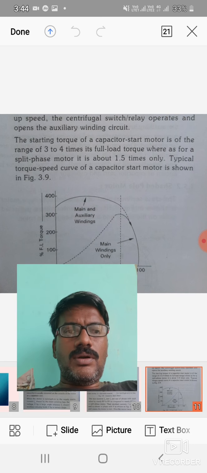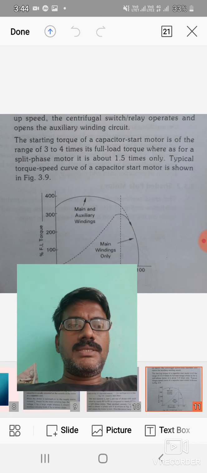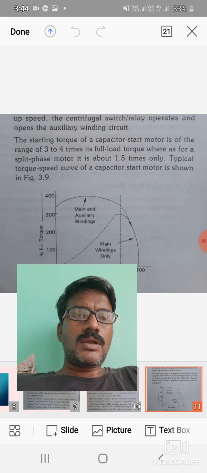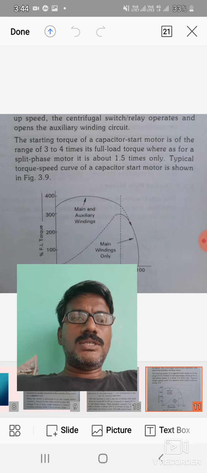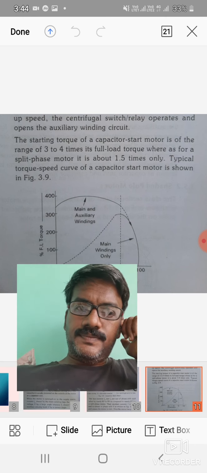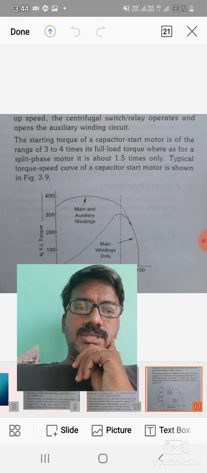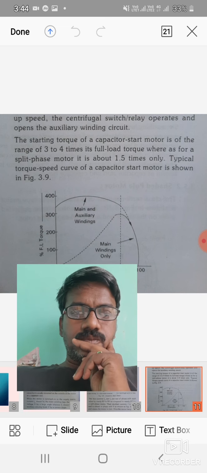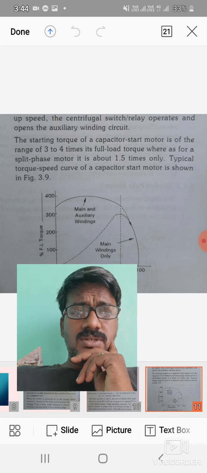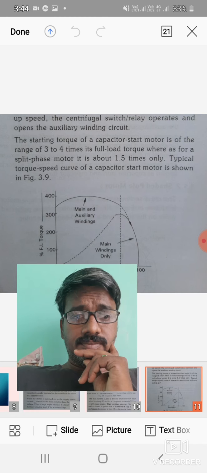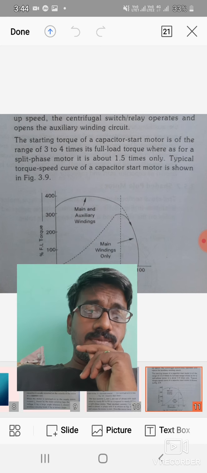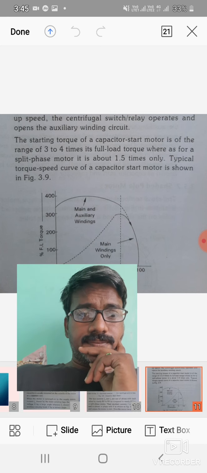The starting torque of a capacitor start motor is in the range of 3 to 4 times the full load torque, whereas for the split phase motor it is about 1.5 times only. By using the resistive start motor the starting torque is very low, but by using a capacitor we can get 3 to 4 times the full load torque.